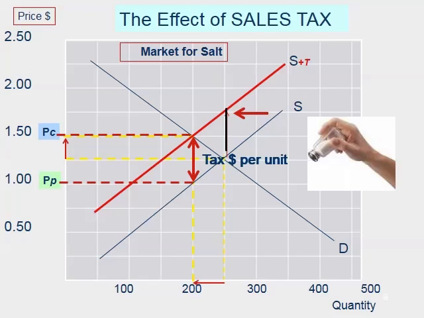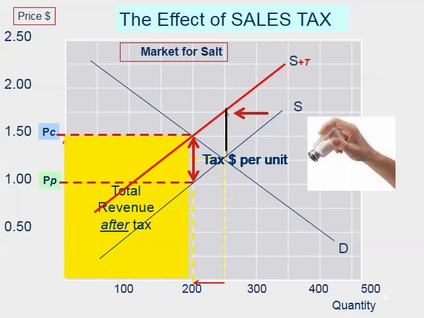Now, consumer expenditure is equal to PC times 200, or total revenue, because it goes initially to the producer. But of course, the producer doesn't get to keep all that, because the government is going to take its share of the revenue in tax.